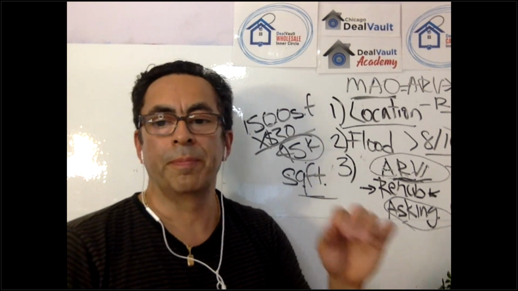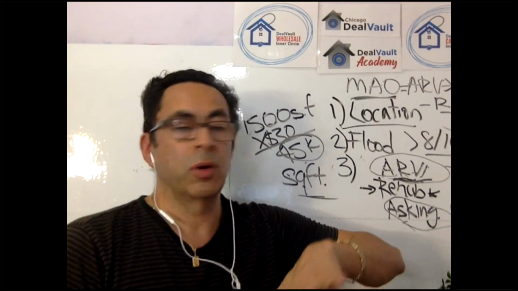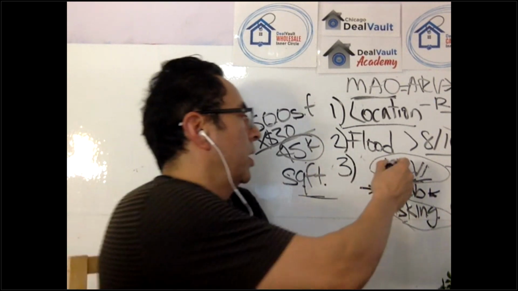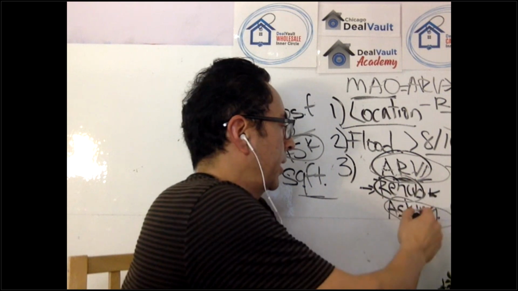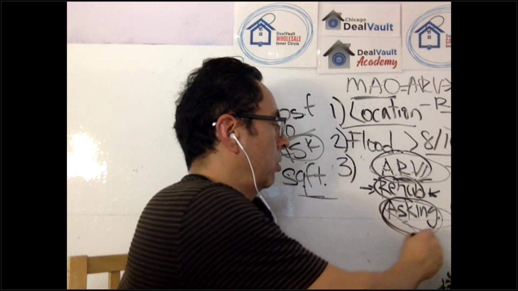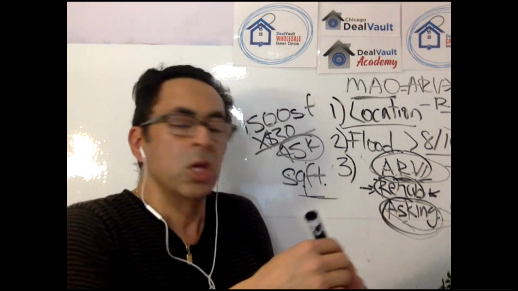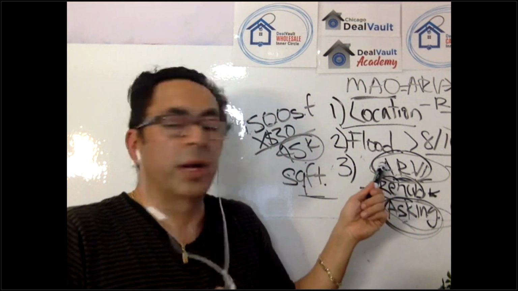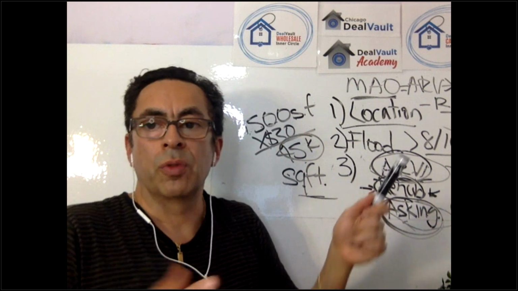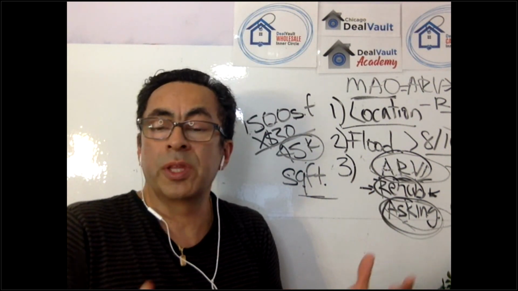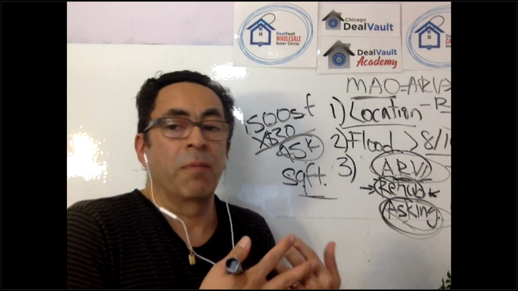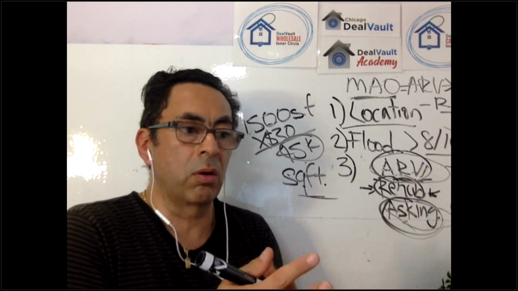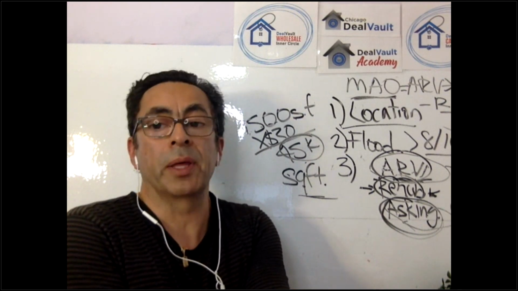Okay, so for the top-down, you're going to start from the ARV. These are the 3 pieces that you need: ARV, rehab, and then your max allowable offer, or the most you should pay. So for the top-down, you're going to take the ARV. These are the comparable properties that have sold in the last 6 months that have been fully rehabbed. Okay, so beautiful looking properties that are comparable to the subject property.